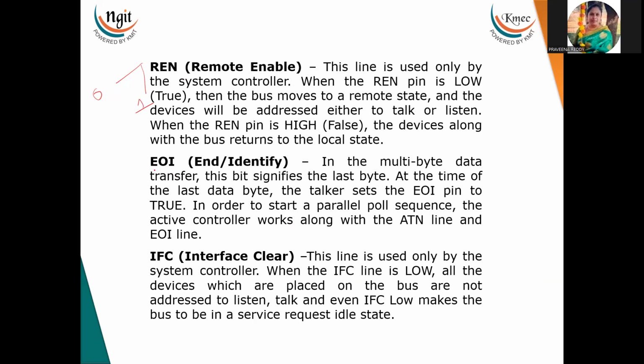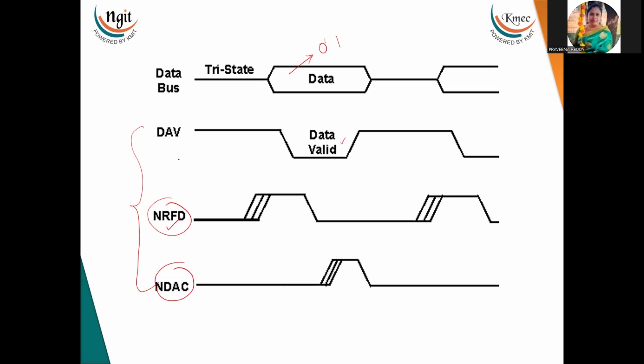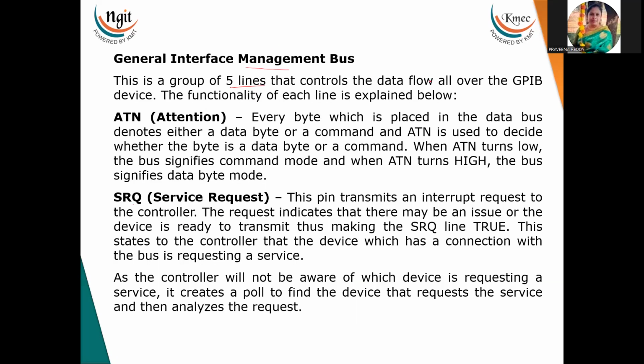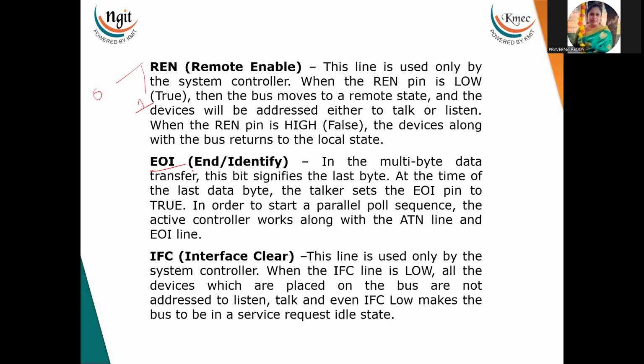Now, EOI. Just now we have seen that multiple bytes can be placed on the data bus. Which is the last byte can be known by using this EOI, End Or Identify. End means if multiple data transfer is taking place, this bit signifies the last byte. This will be set by the talker.